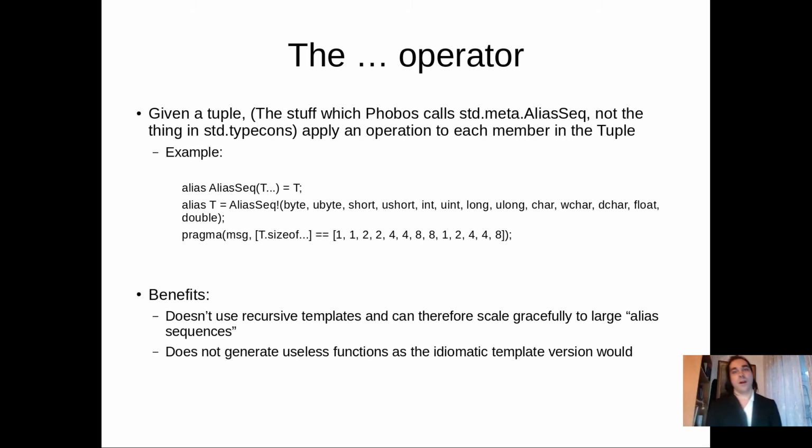I thought I had another slide, but let's wing it without. So templates are code generators. A template actually does nothing but produce code, right? When you write a template, what you do is you basically have a macro, but it doesn't use text replacement.